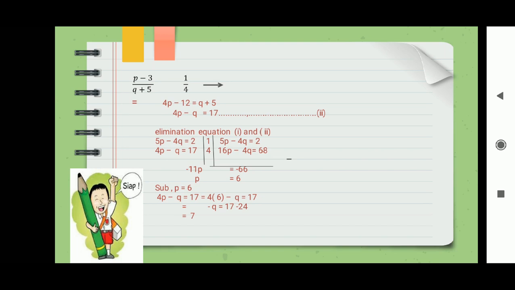So that means Q is 24 minus 17. So Q is 7. So P over Q is 6 over 7.